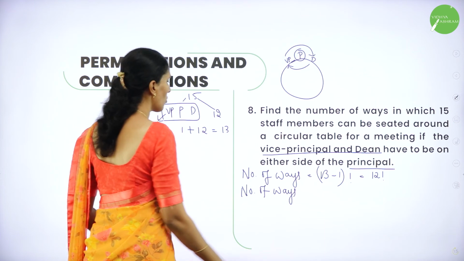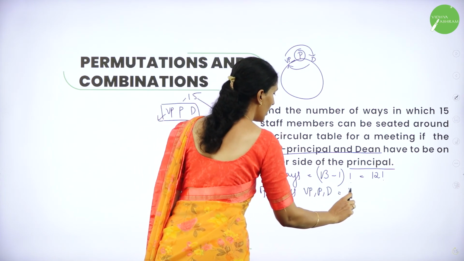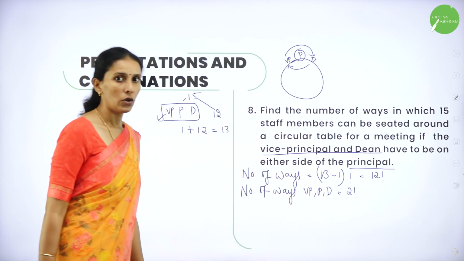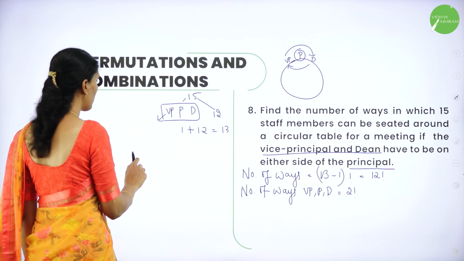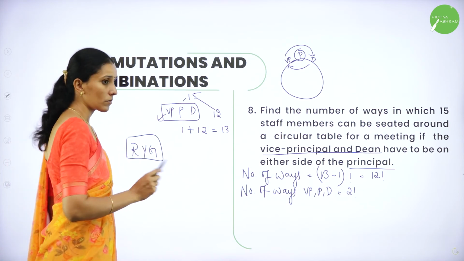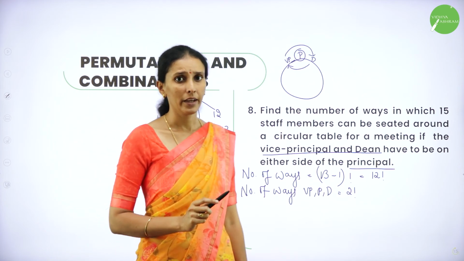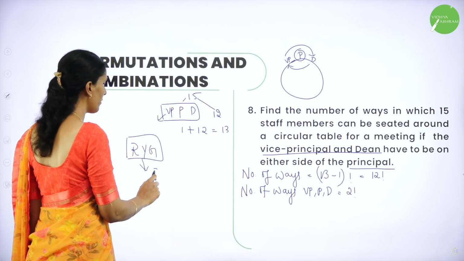Don't confuse it with 3 factorial, because in my previous example, red, yellow, green were all different, and all could change their places. So therefore we assumed it as 3 factorial.